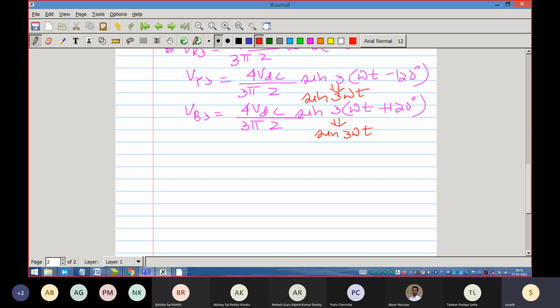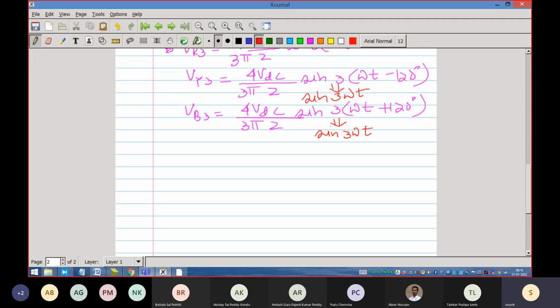So that common mode voltage is representing all the triplet harmonic components, not even numbers but odd numbers. Sixth harmonic is not there, but odd-numbered triplet harmonic components will be represented by that.